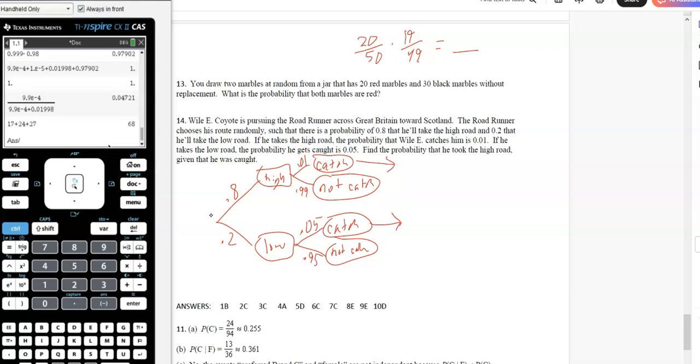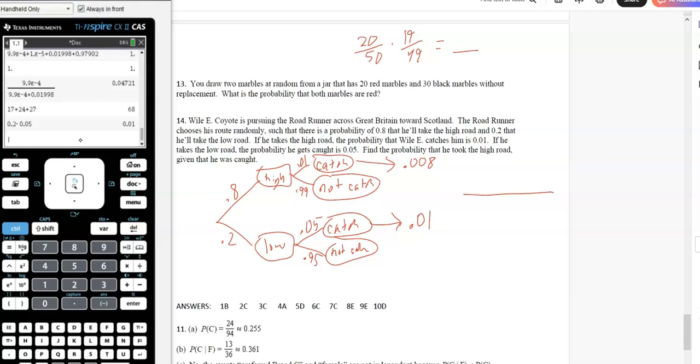So let's get those probabilities. 0.01 times 0.8 is 0.008. And 0.2 times 0.05 is 0.01.